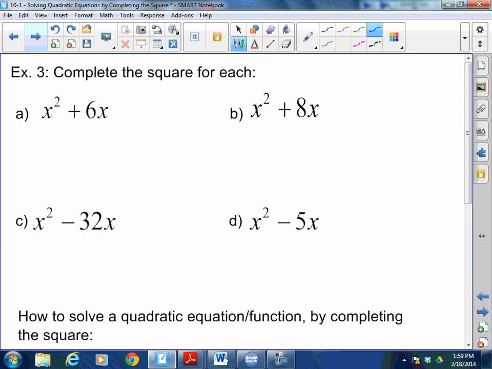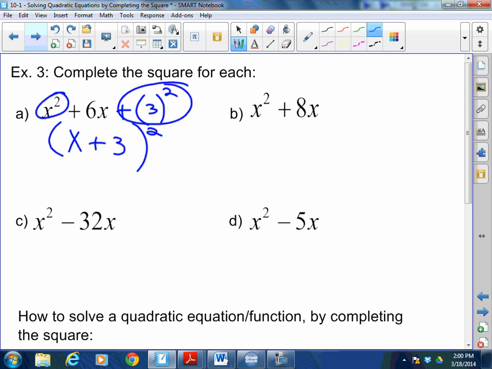Let's just complete the square. What's my b here? Not 6x. What's my b here? 6. What's b over 2 squared? 3 squared. How do I factor this? The square root of the first and the square root of the second, squared. Done.